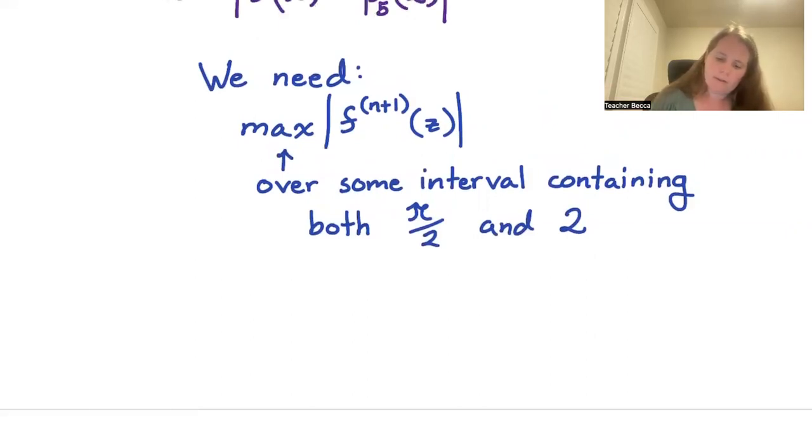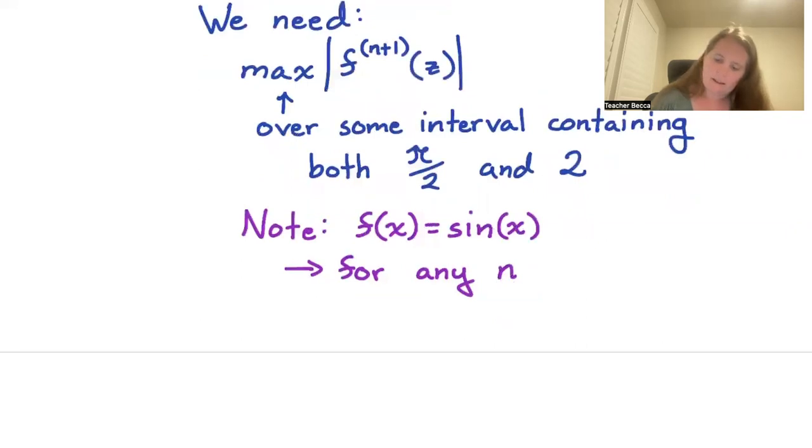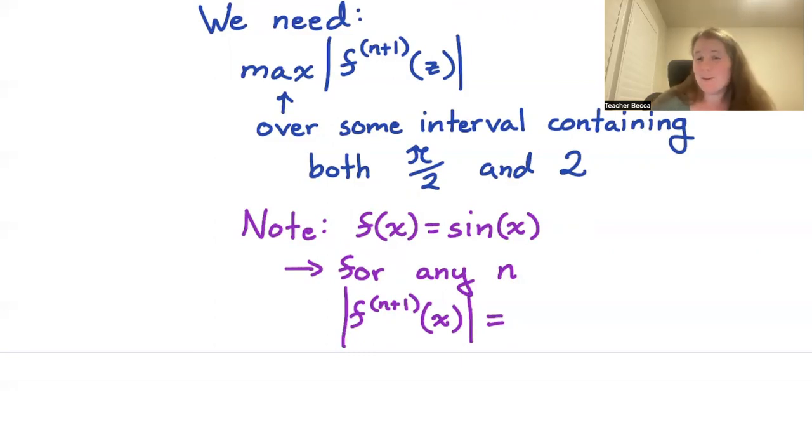So note, since f of x equals sine of x, then for any n, the n plus first derivative of f, if we take the absolute value, is either absolute value of sine of x or absolute value of cosine of x.